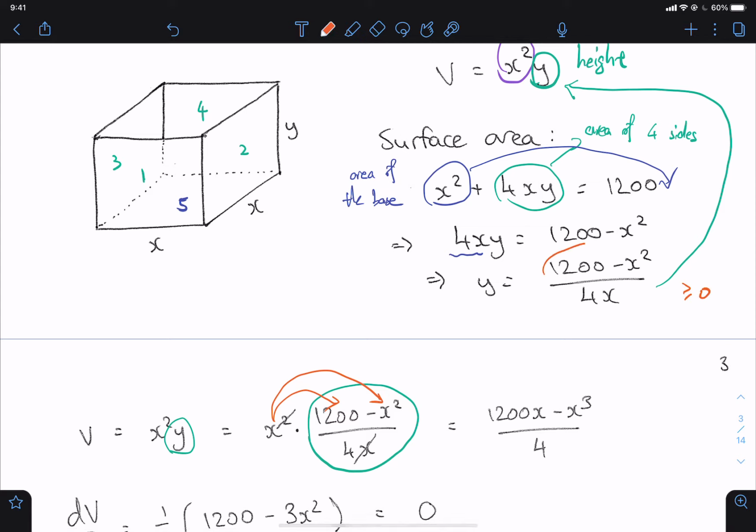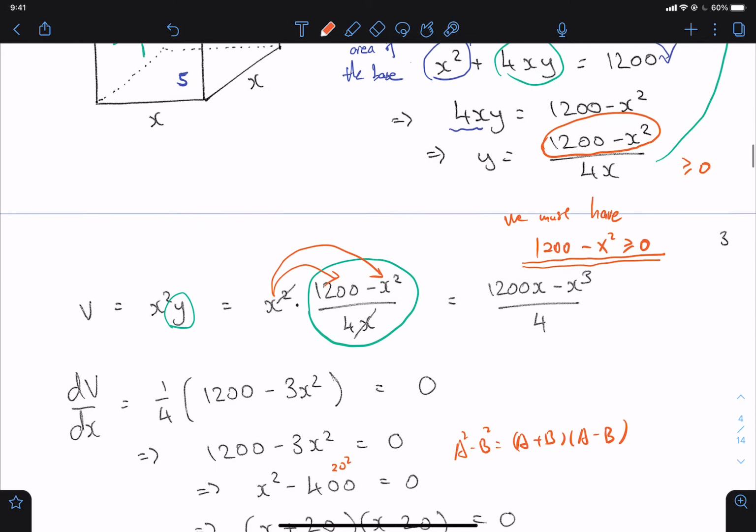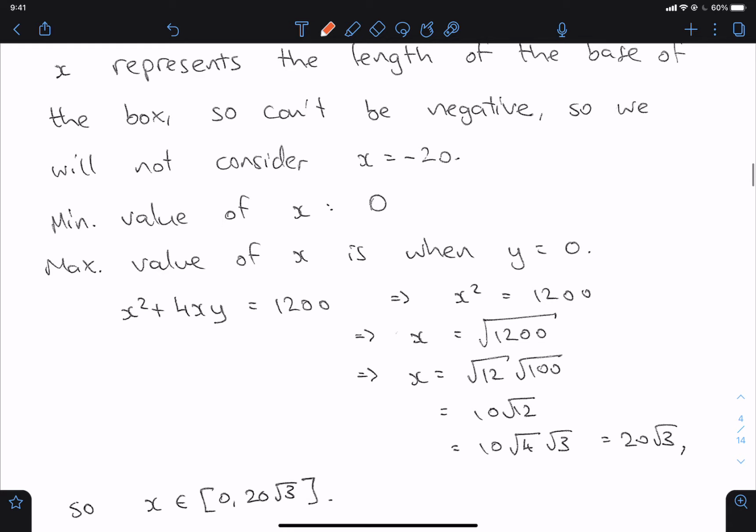So we must have this thing, 1 over 1200 minus x squared, greater than 0. Then you can solve this inequality, which gives you x less than 20 square root of 3.